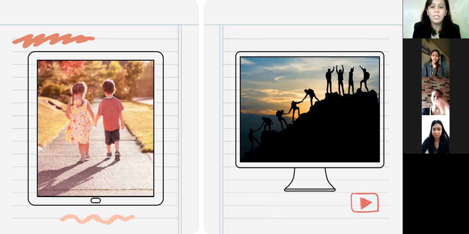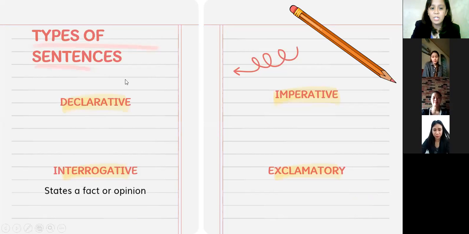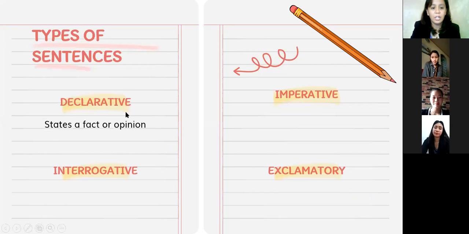So let's see how it goes if we have fully understood all of this by the following test questions. But first, let's do a quick recap. The types of sentences based on their function are the declarative, interrogative, imperative, and exclamatory. The declarative states a fact or opinion and ends with a period.